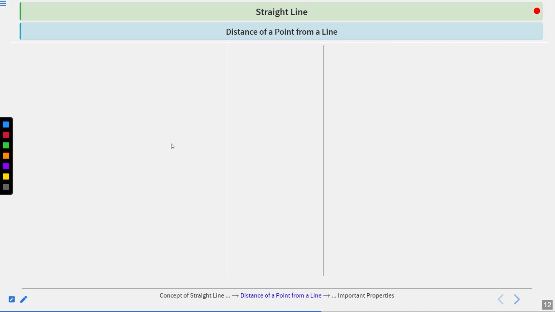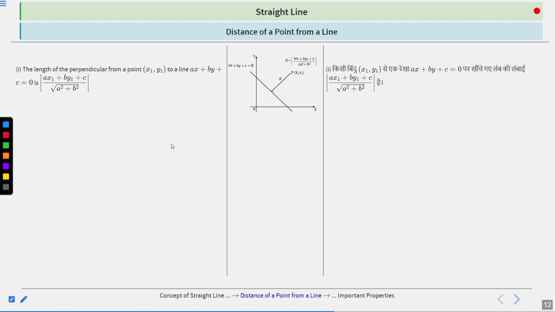Okay. Now the distance of a point from a line. In this diagram, we are given a line and a point whose coordinates are x1 and y1. We have to find the distance of the point P from the line ax plus by plus c equal to 0. The length of the perpendicular is the actual distance.